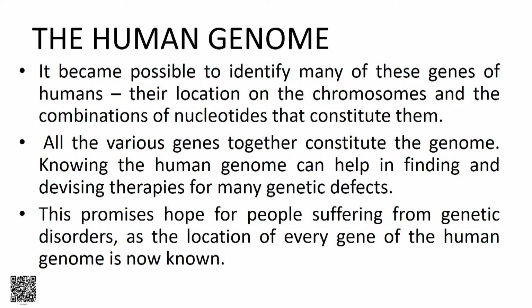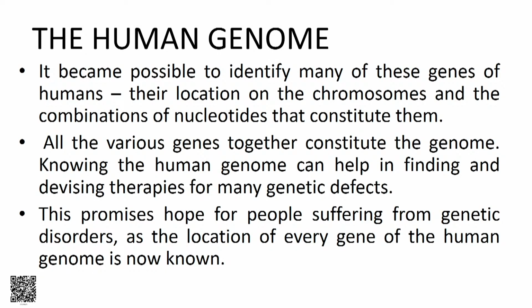So, you can well imagine that human beings are complex in structure, behavior and body function. Thus, many genes control the features that make a human being, that is the human genome. It became possible to identify many of these genes of humans, their location on the chromosome and the combination of nucleotides that constitute them.